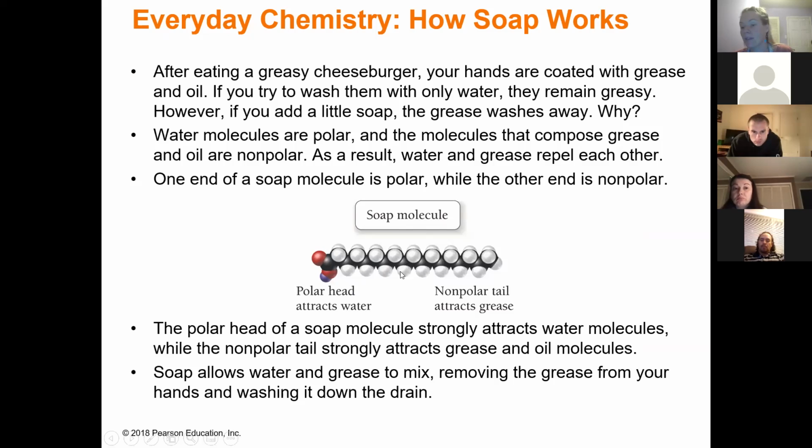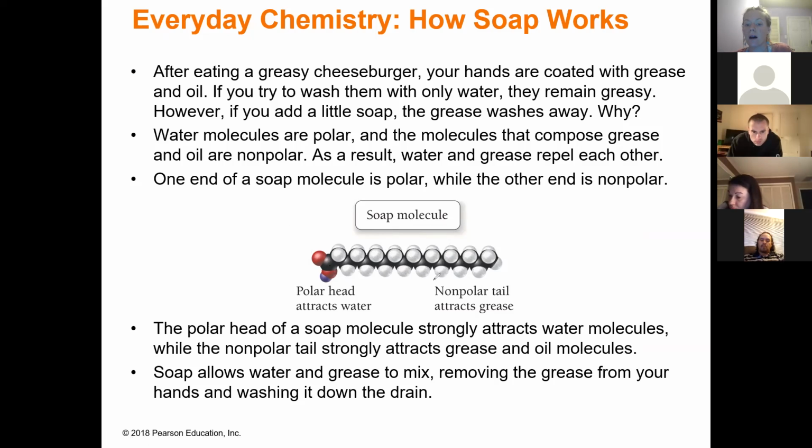So a hypothetical soap molecule would look like this. There's a really long non-polar tail, and then boop, right at the end, through the process of saponification, we gave it a polar head. Now, this soap molecule is acting like a bridge.